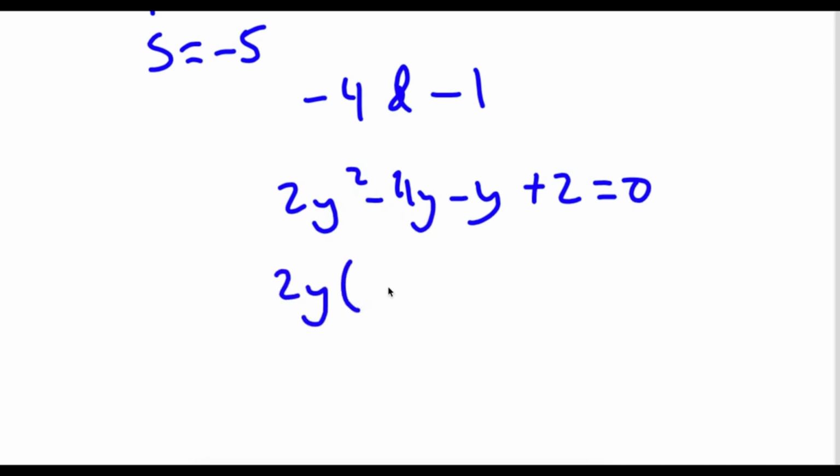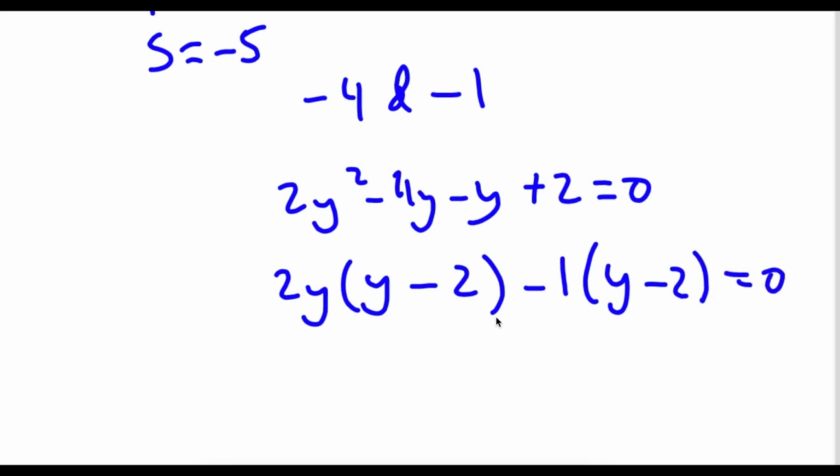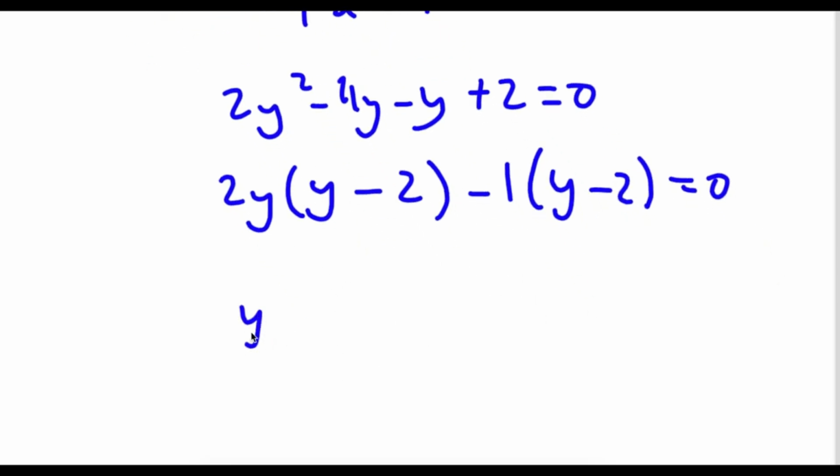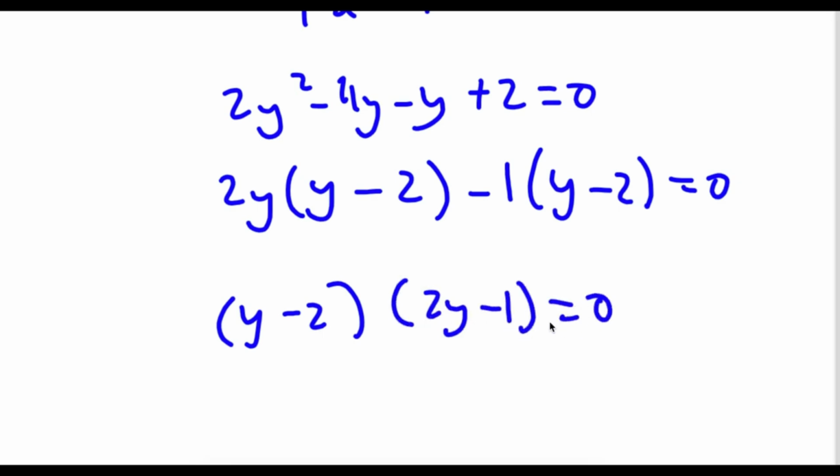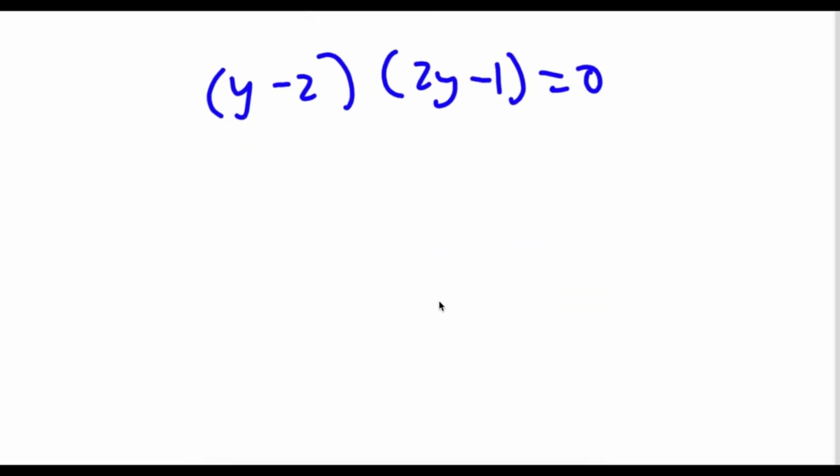So if I factor out 2y, I get 2y times 2y squared divided by 2y is y, minus negative 4y divided by 2y is 2. And now from negative y plus 2, I can simply factor out negative 1. So I have negative 1 times y minus 2. This is equal to 0. Now if I factor out y minus 2 from this, I get y minus 2 times 2y minus 1 is equal to 0.